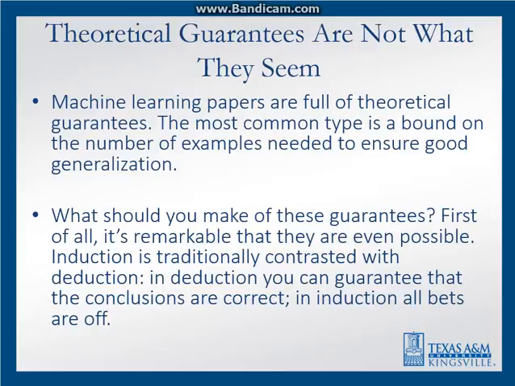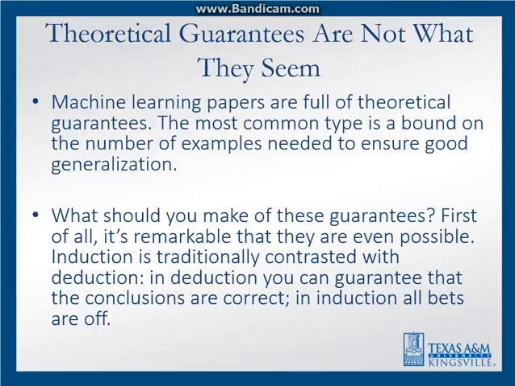The second topic is theoretical guarantees are not what they seem. What this means is machine learning papers are full of theoretical guarantees. The most common type is a bound on the number of examples needed to ensure good generalization.